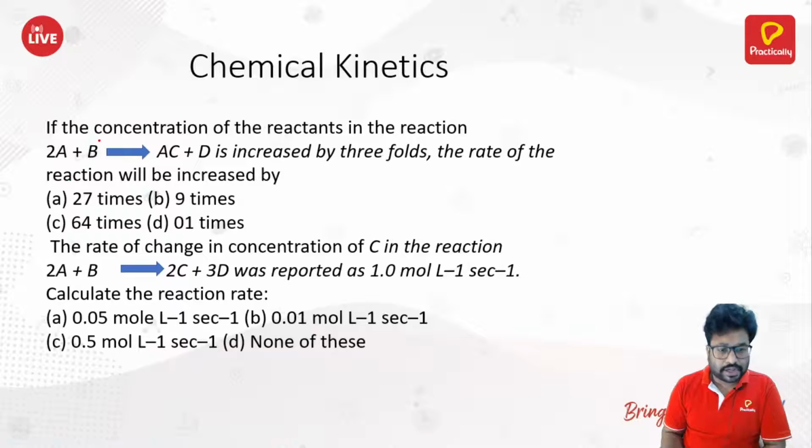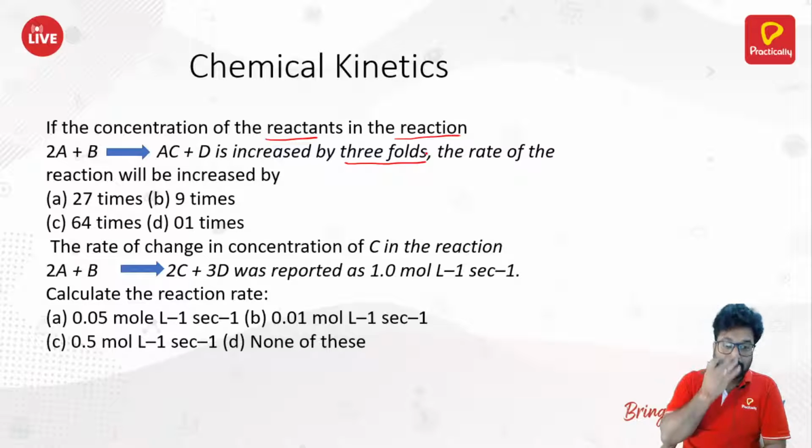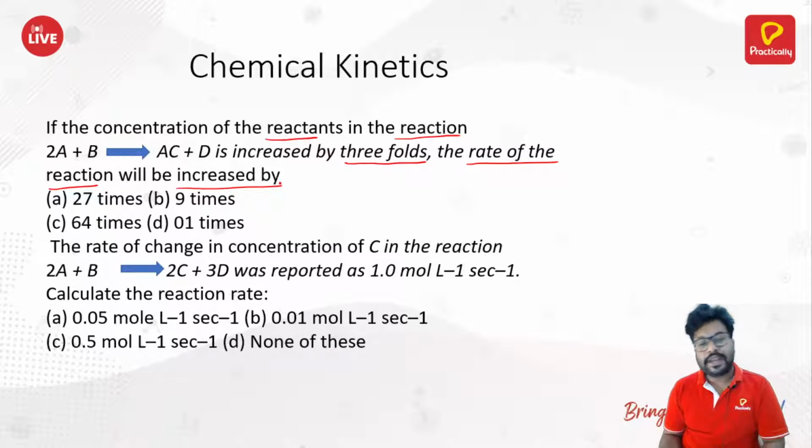If the concentration of reactants in the reaction 2A plus B gives C plus D is increased by 3 folds, the rate of reaction will increase by how many folds?